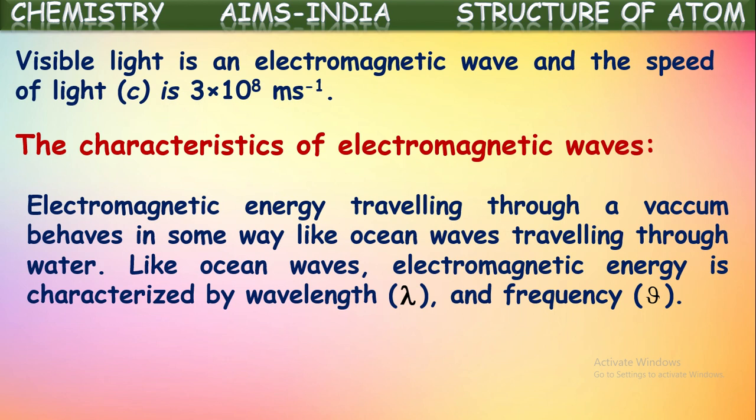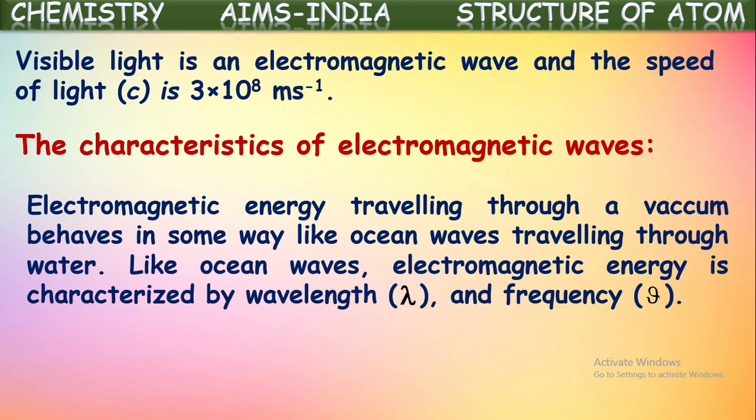Electromagnetic energy traveling through a vacuum behaves in some way like ocean waves traveling through water. Yes, these electromagnetic waves behave like the ocean waves which are traveling through water. And these electromagnetic waves can travel through even vacuum also. They travel through medium as well as vacuum.